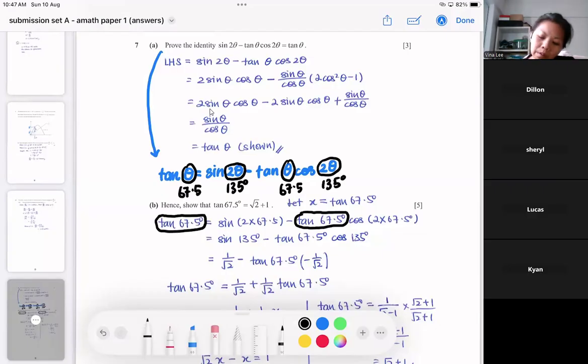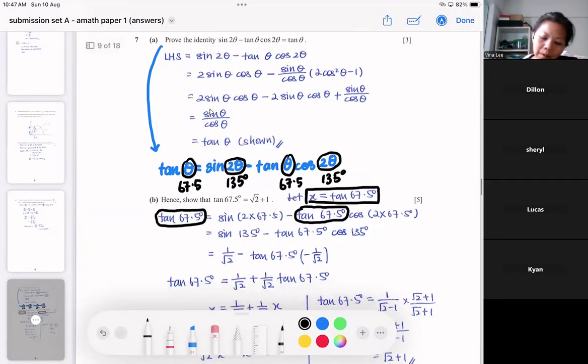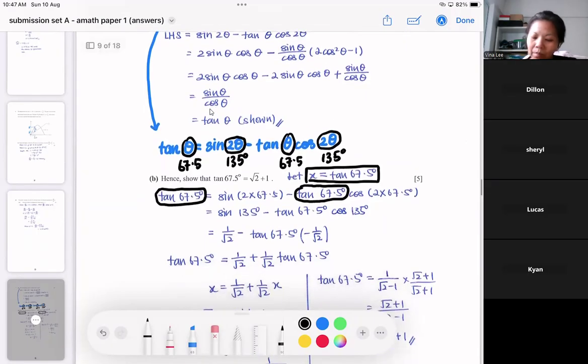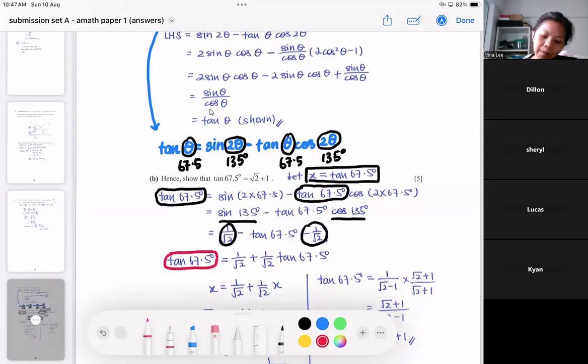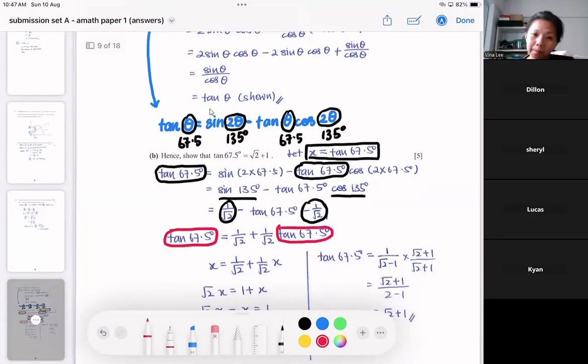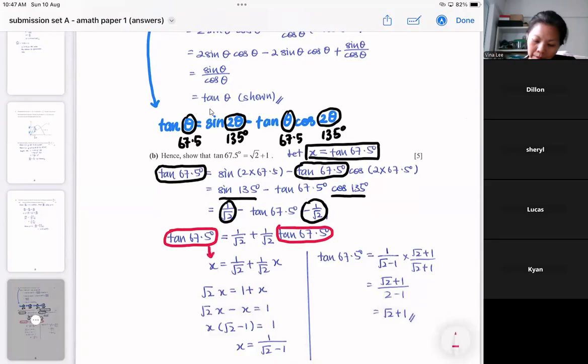So what you can do is let it be an algebra. What I did was I let it be an algebra. I work out sine 135 and cosine 135 to the special angle, then I apply it as x, and eventually it looks more like the surd.